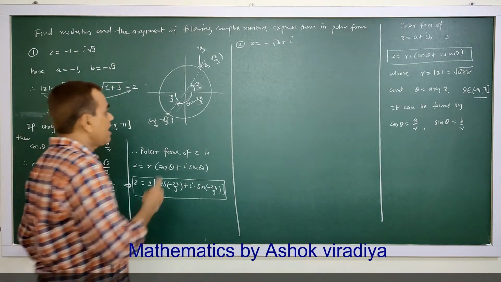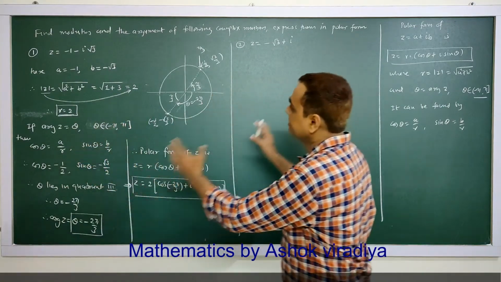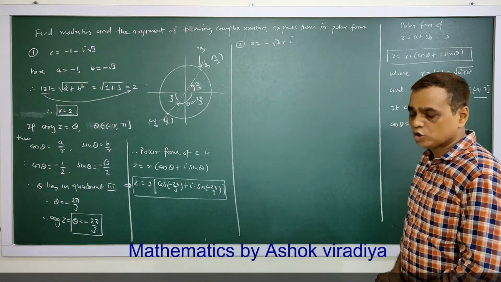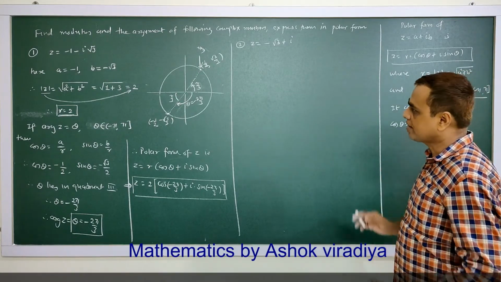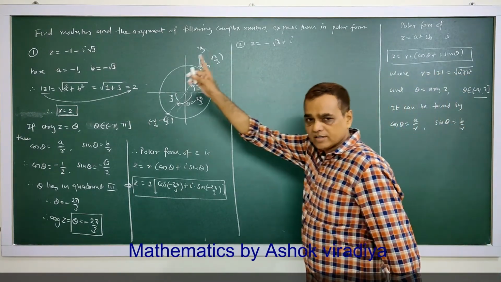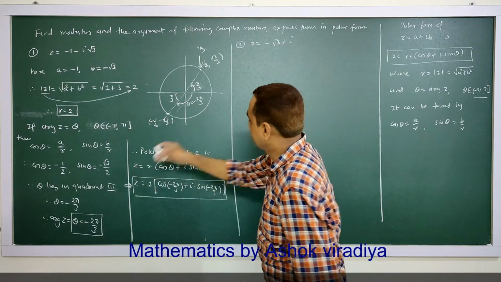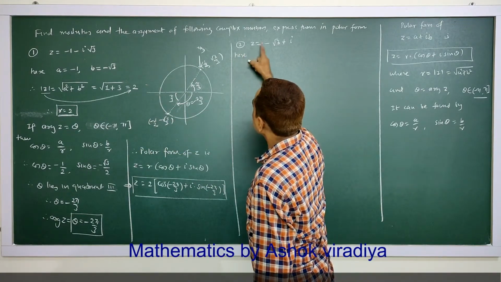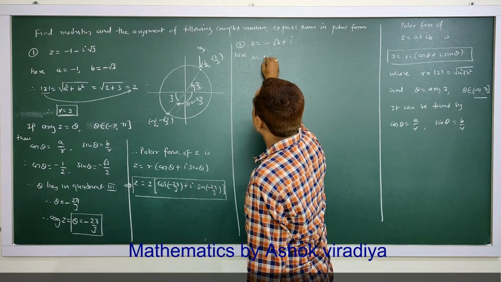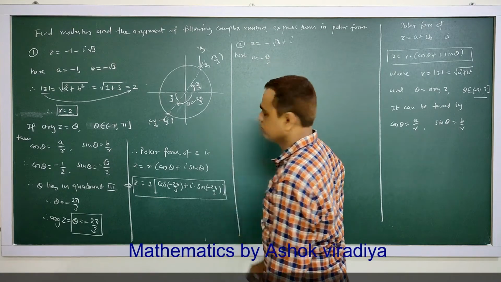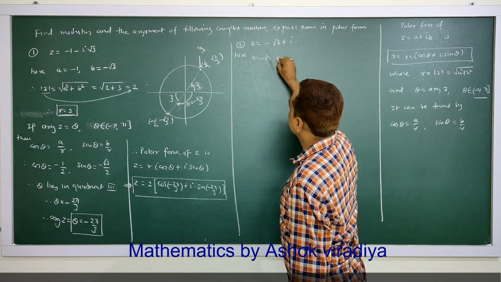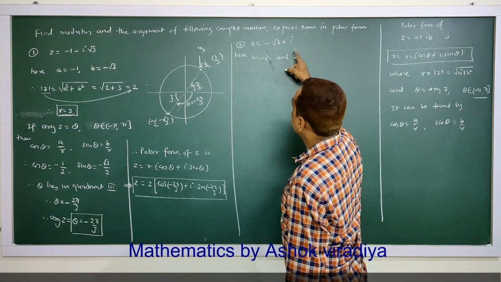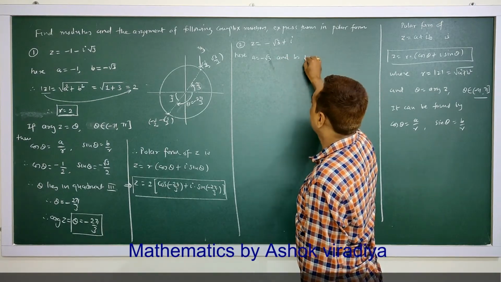Now see, exactly similar method we perform here to find r, theta and the polar form. Again, a repetition of this procedure. Here, a is minus root 3 and b, the coefficient of i, is 1.